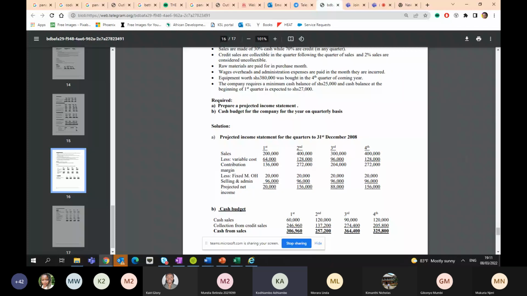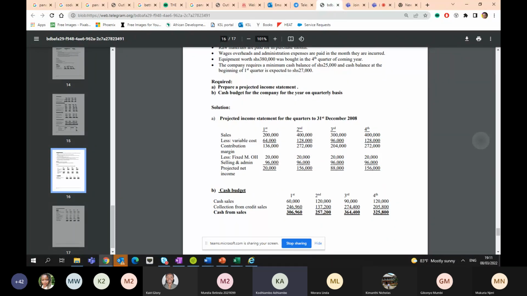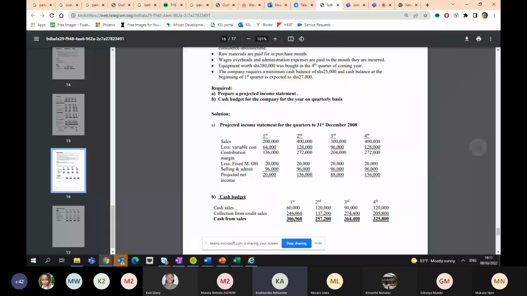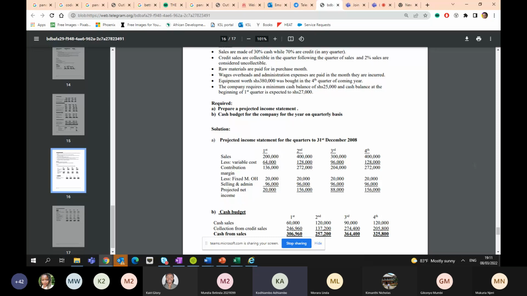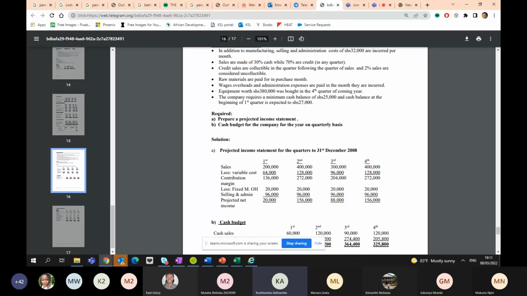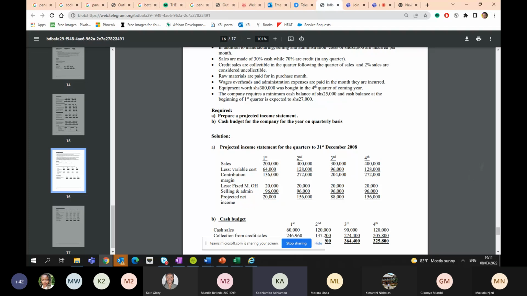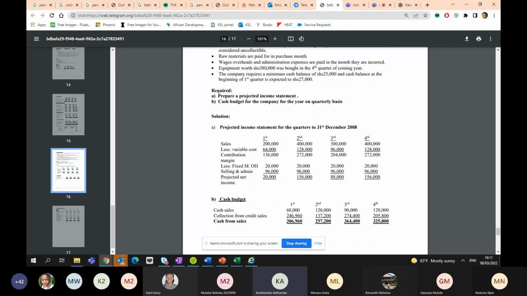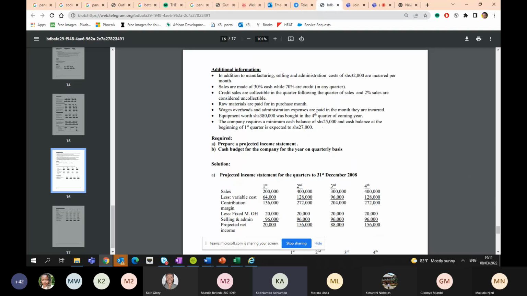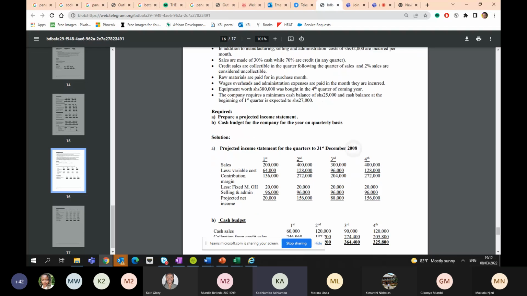So if you have sales, let's look at quarter one. If you have sales of 200,000, what you're being told is only 30% of that will be your cash. So 30% of 200K is 60K. So you'll have 60K, then 70% is credit. So 70% of 200, that is 140K.